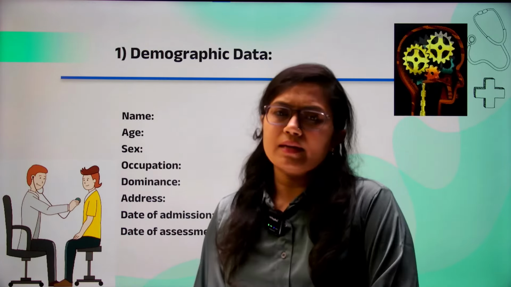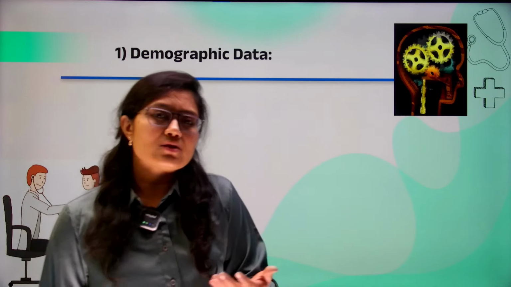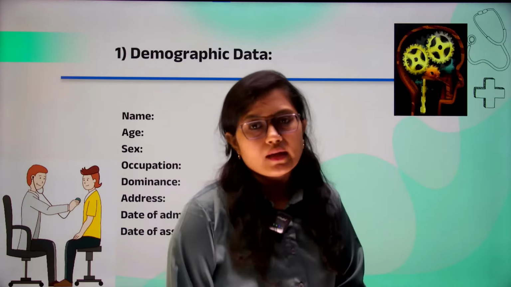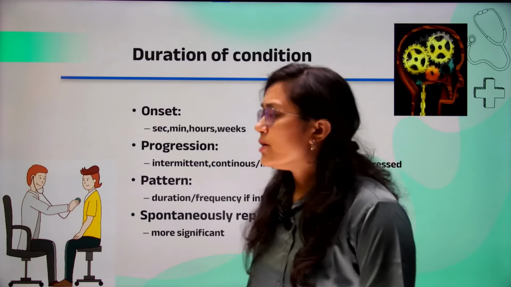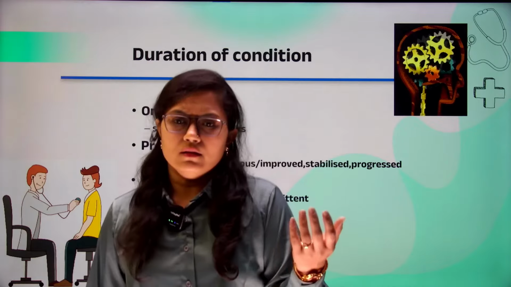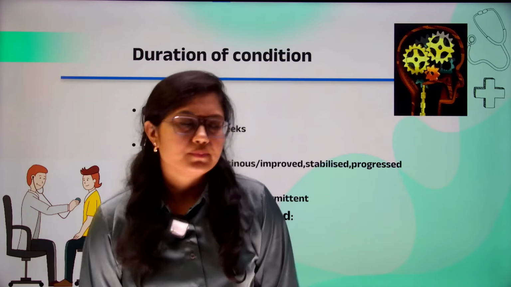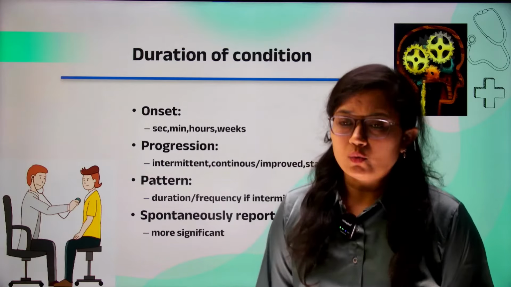All these things we can get to know through the date of admission. Date of assessment: whether we assessed on the day the patient came or after certain days. If the patient has gone for surgery, we need to know whether the operation has been done or not. So these are the particular demographic details that we need to know.